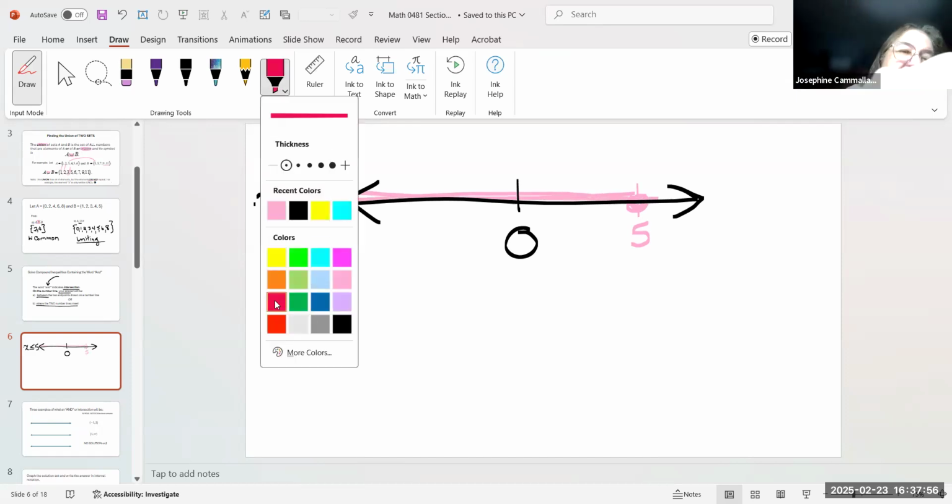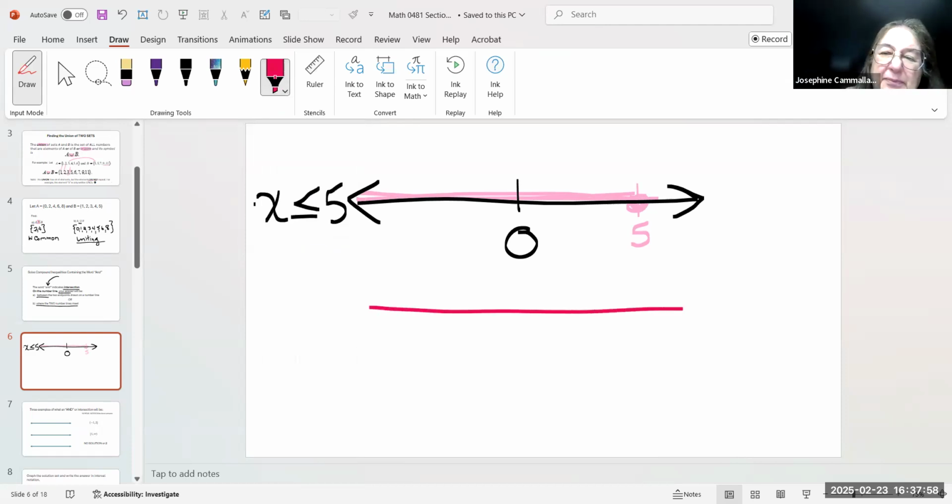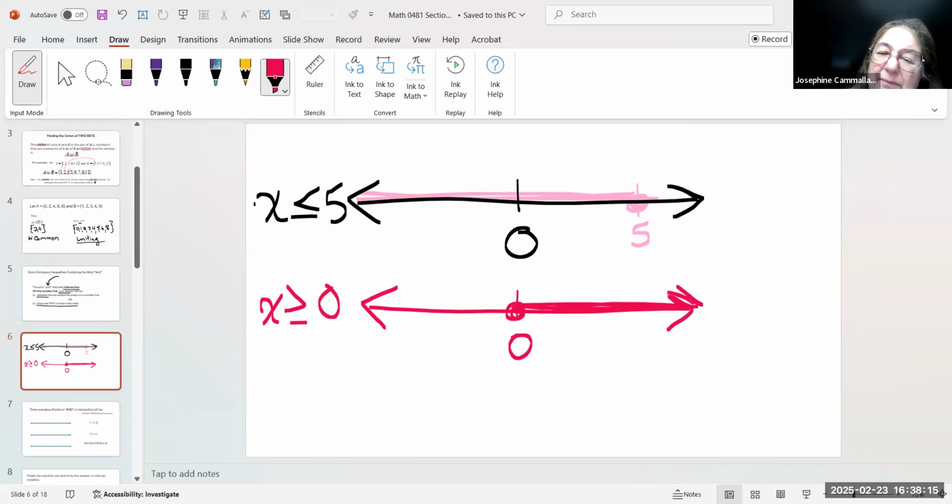But then they're going to give me this equation. X is greater than or equal to 0. I have a closed circle here, and I'm going in this direction. They want the and.